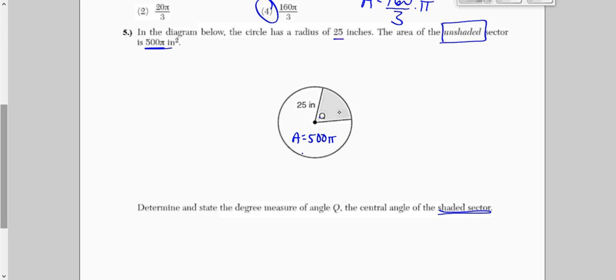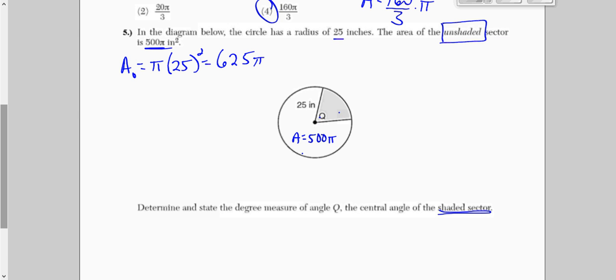Then we could use that to set it up and solve it like number 2, where they give us the area. So let's get the area of the entire circle. The area would be pi r squared, or pi times 25 squared, which is 625 pi.